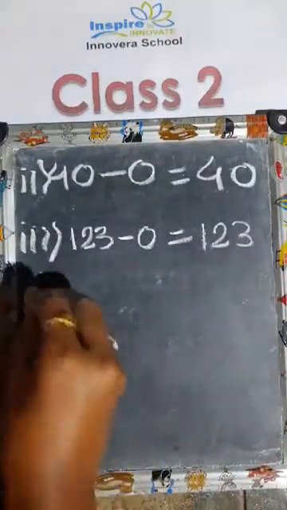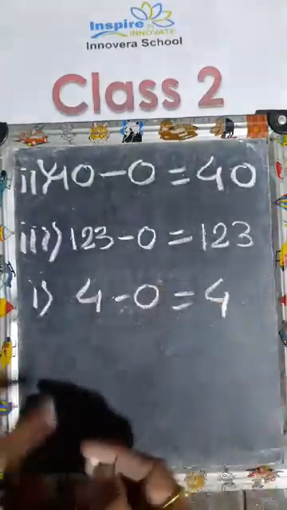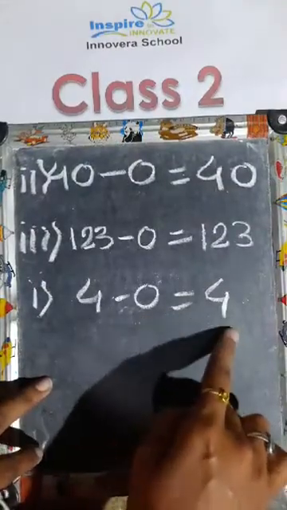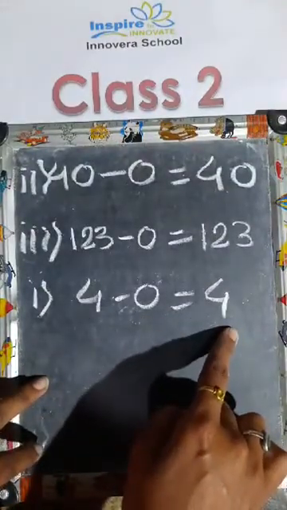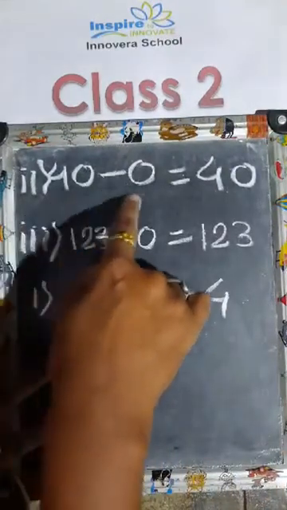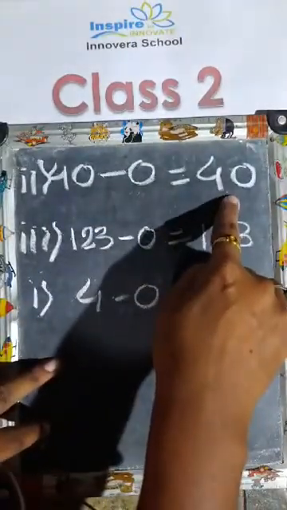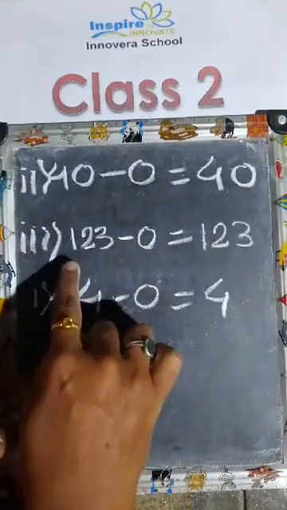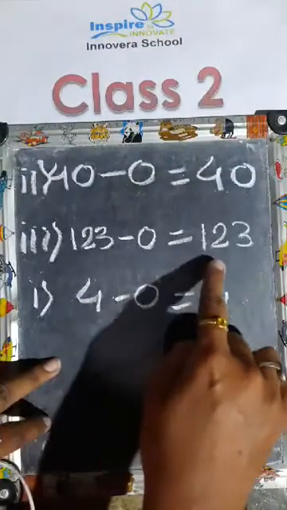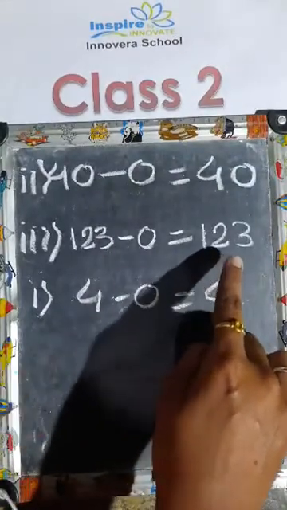This is a 1-digit number: 4 minus 0 is equal to 4. Here this is a 2-digit number: 40 minus 0 is equal to 40. Here also, same way, 123 minus 0 is equal to 123.